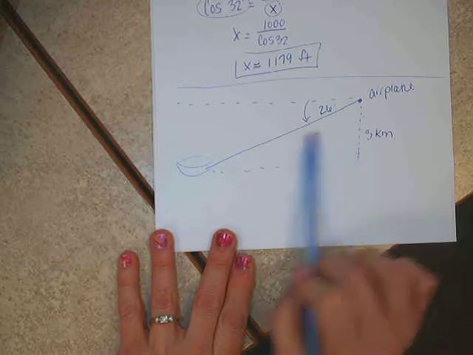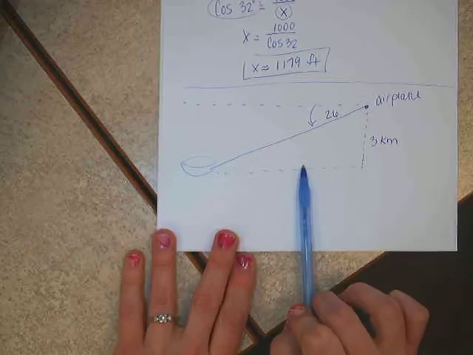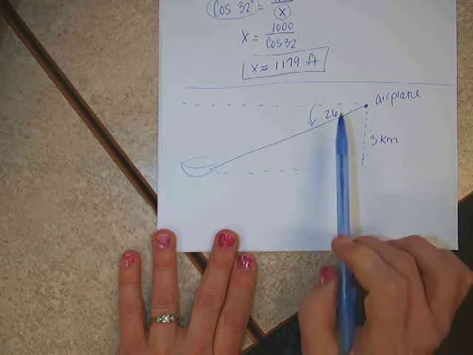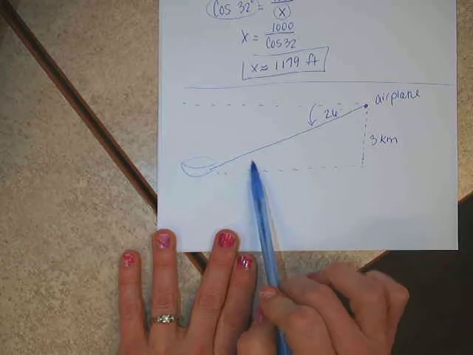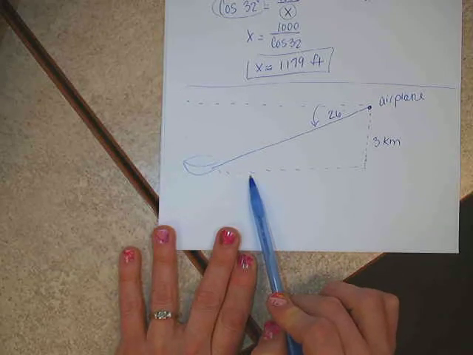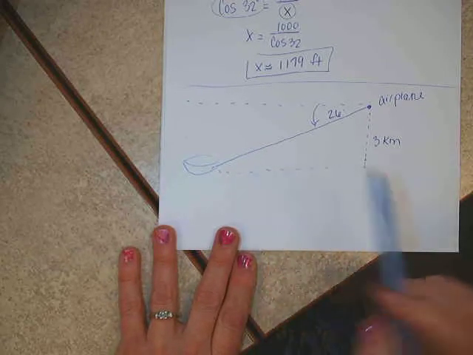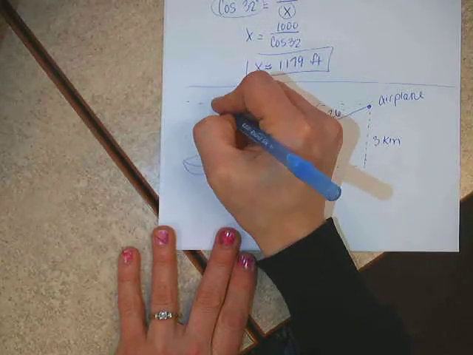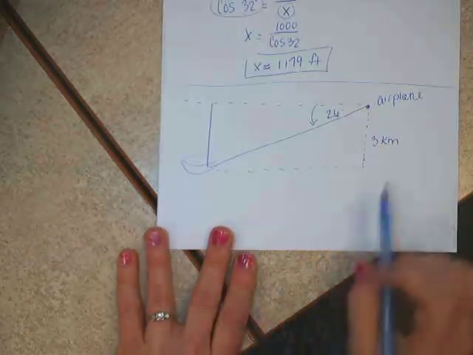Well, there are two ways that you can do this. Since 26 degrees is actually the angle of depression, that angle is not inside the triangle that you might have just created. Now, if these are both horizontal, they are parallel, so we do have alternate interior angles, making this angle also 26 degrees.